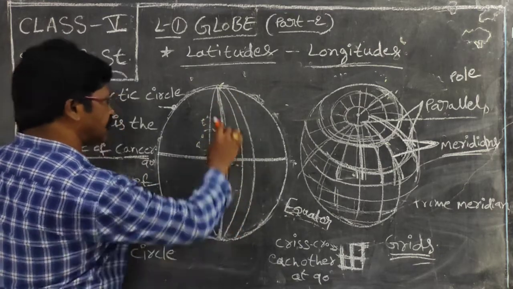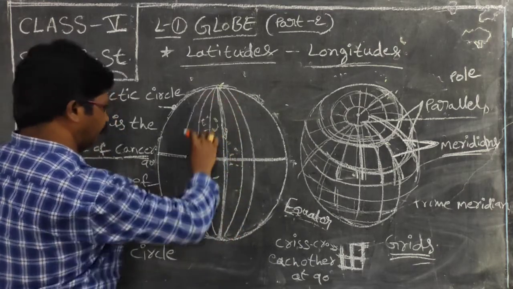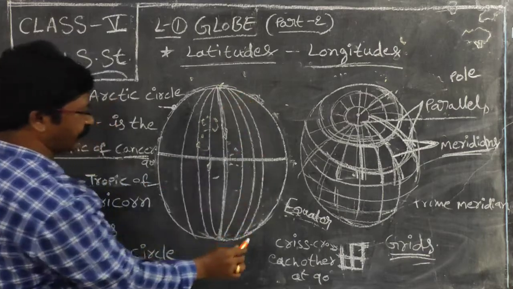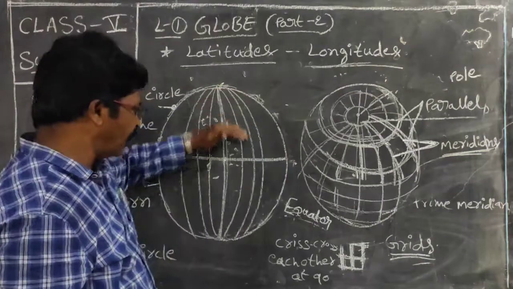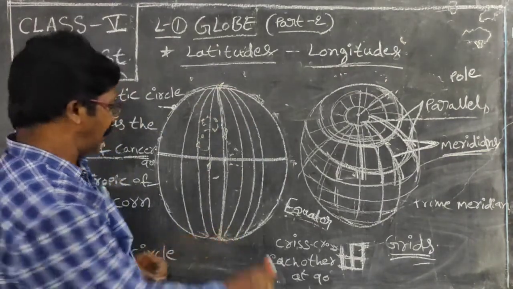These vertical lines on the globe are called longitudes, which are the long lines.